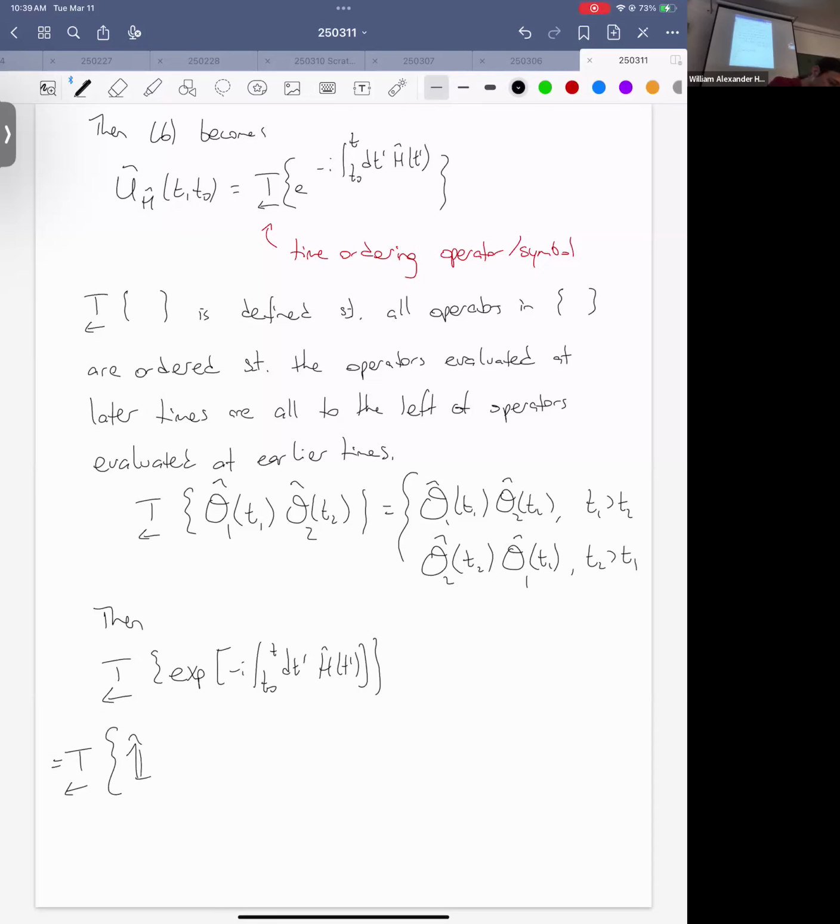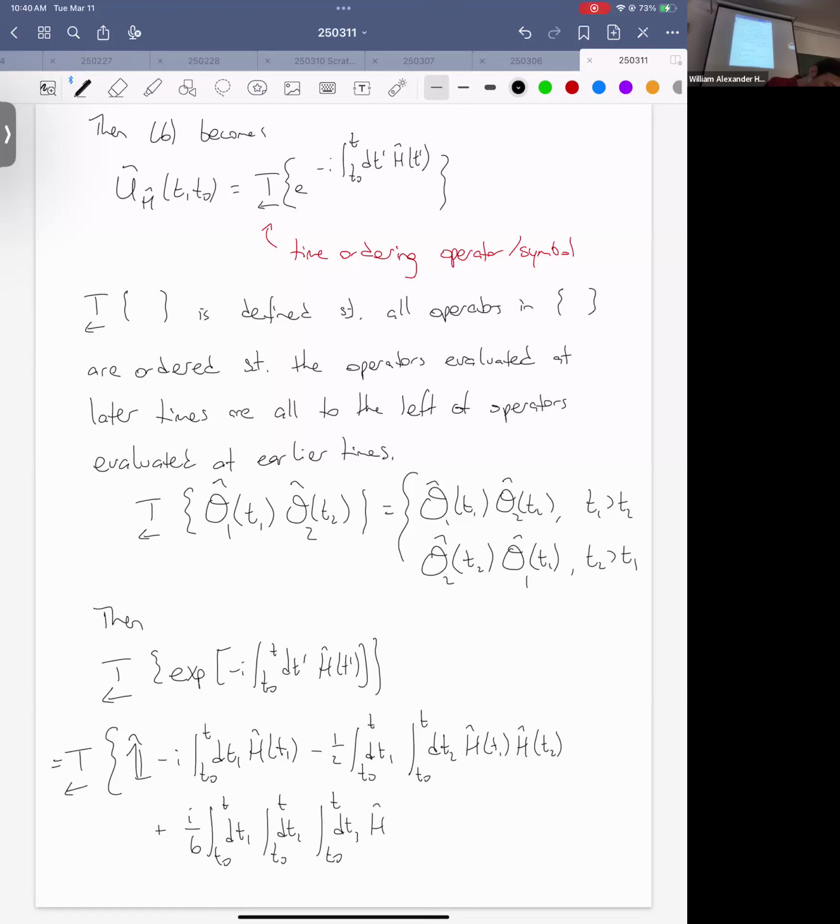So it's the identity operator minus i integral from T0 to T dt1 Hamiltonian T1, minus a half integral T0 to T dt1 integral T0 to T dt2 Hamiltonian T1 Hamiltonian T2, plus i over 6 integral T0 to T dt1 dt2 dt3 H T1 H T2 H T3, plus so on and so forth.